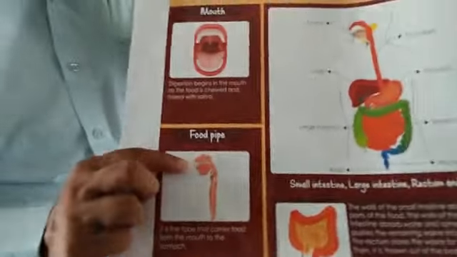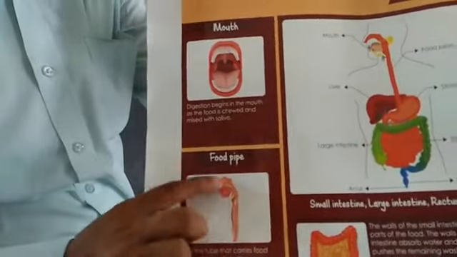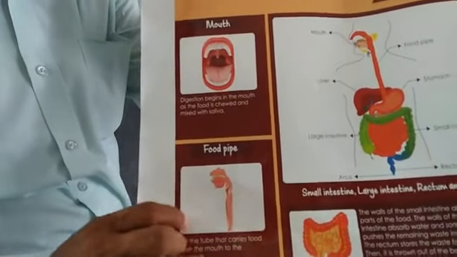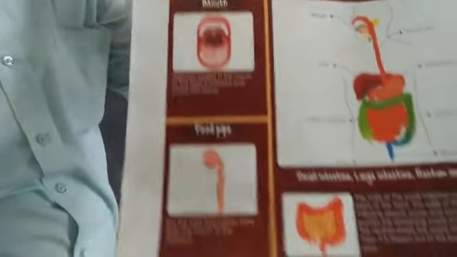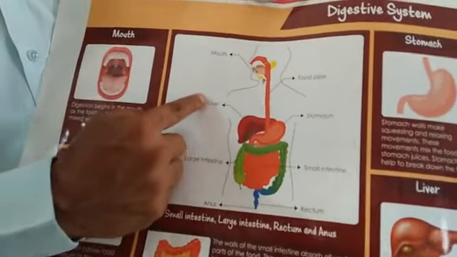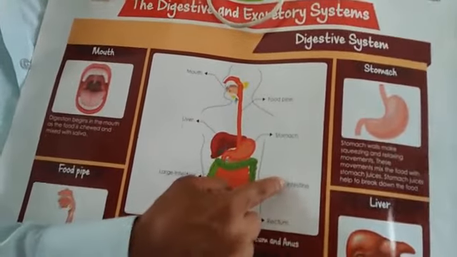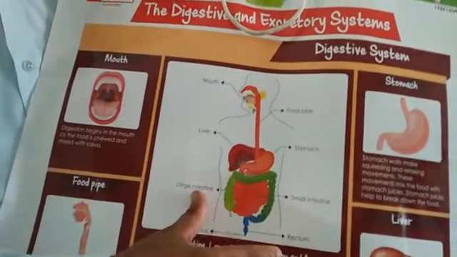See the food pipe. The smooth muscles in the food pipe help in the easy movement of the food. See the digestive system diagram here: mouth, food pipe, liver, stomach, small intestine and rectum. All these contain smooth muscles.